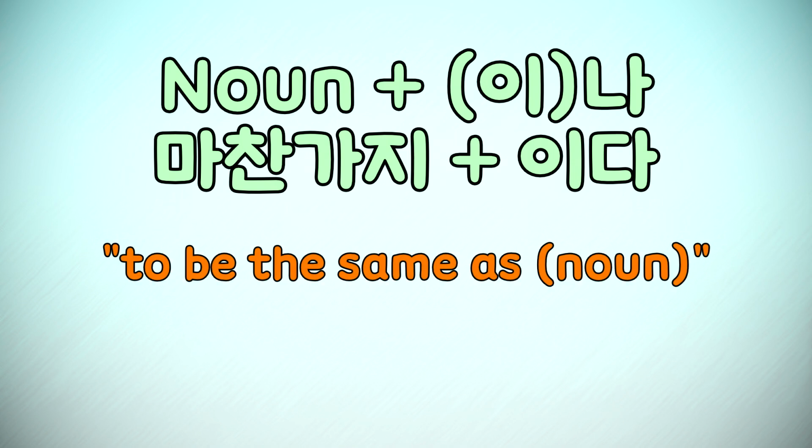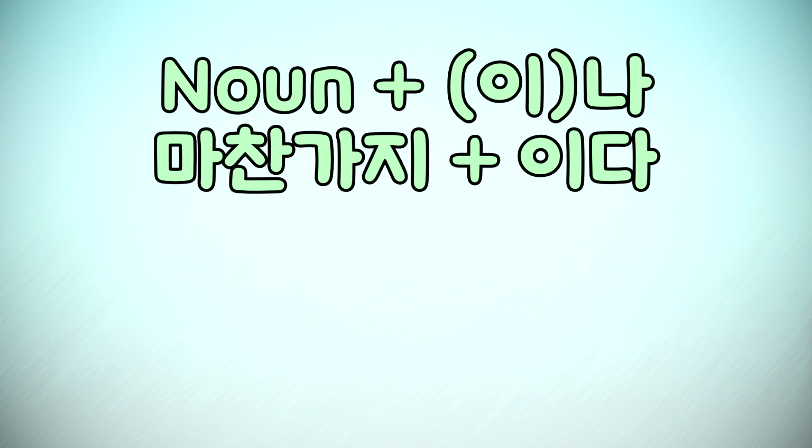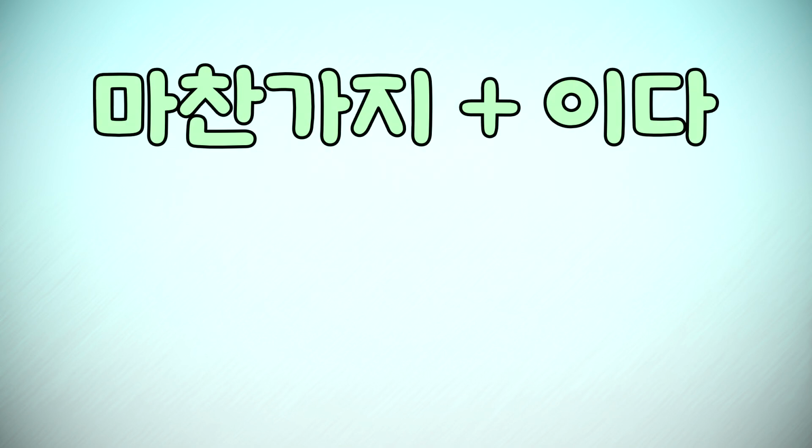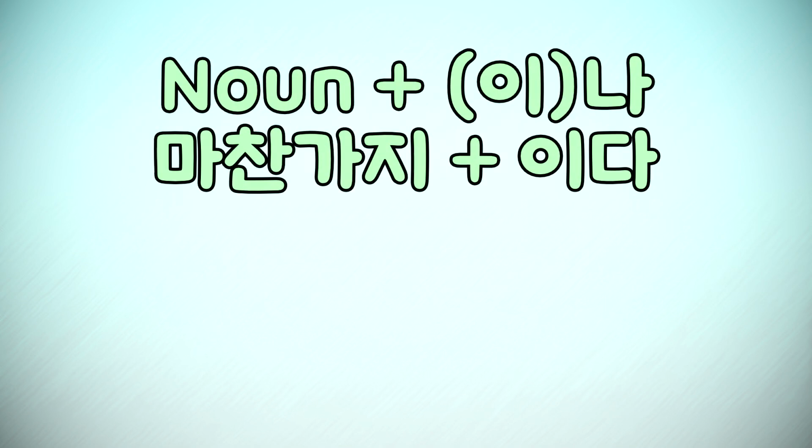So this form means that something is the same as something else, specifically the same as whatever noun we use. But hold on, Billy, isn't this just a longer version of the form we just did? Well, kind of, but also no. This form is actually more useful. But first, here are just a couple of quick examples.